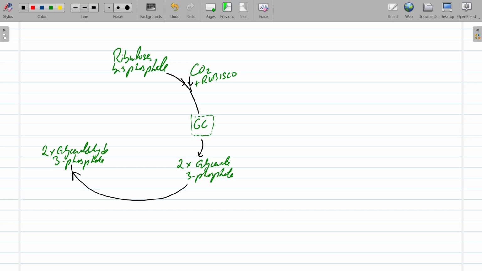And over here you have the reduced NADP going back to regular NADP, so it's oxidizing, it gives up its hydrogen, and ATP is also utilized.